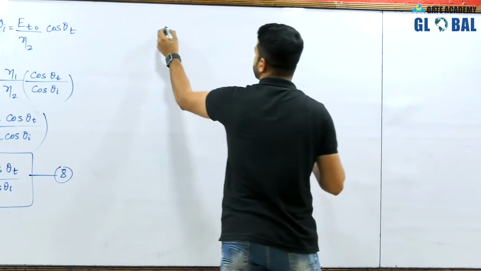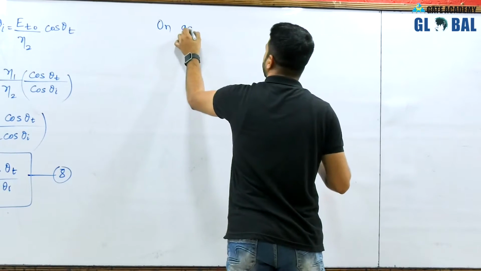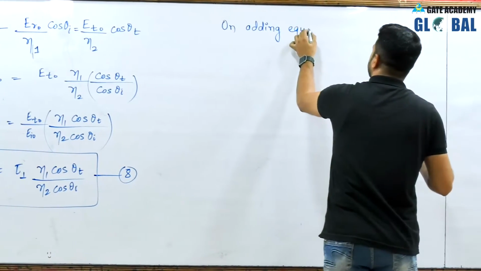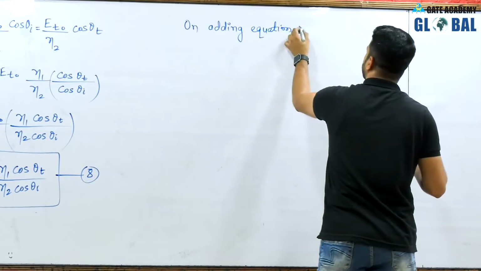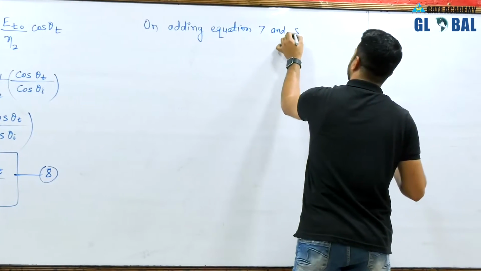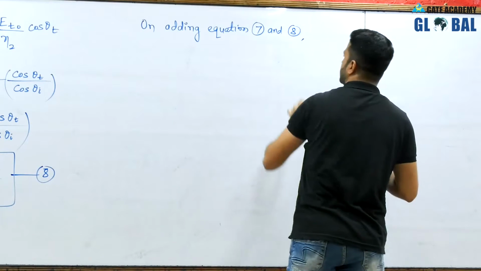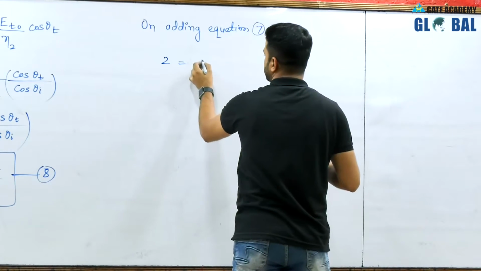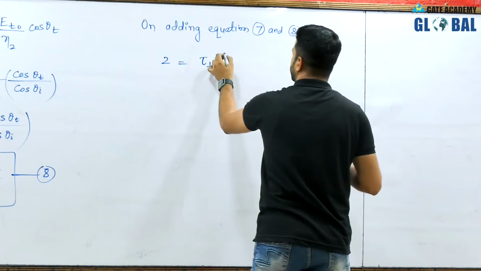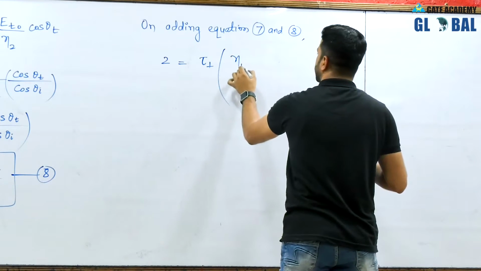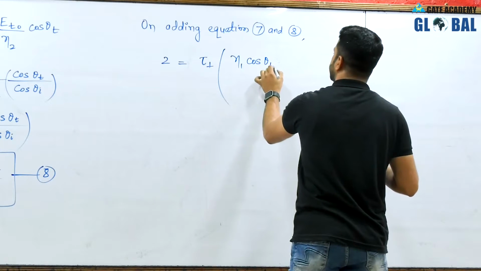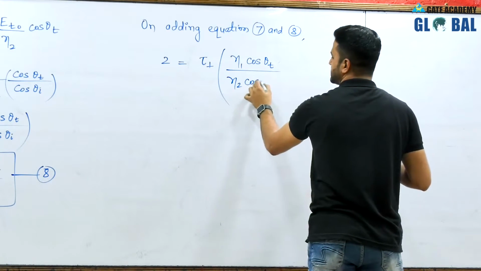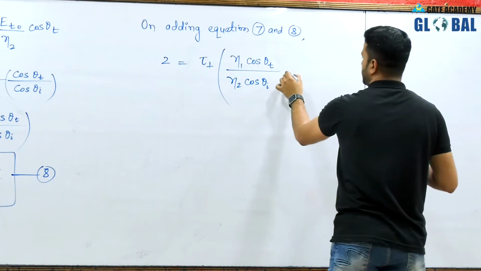So on adding equation number 7 and 8, we get 2 equal to tau perpendicular common, in bracket eta 1 cos theta t divided by eta 2 cos theta I plus 1.